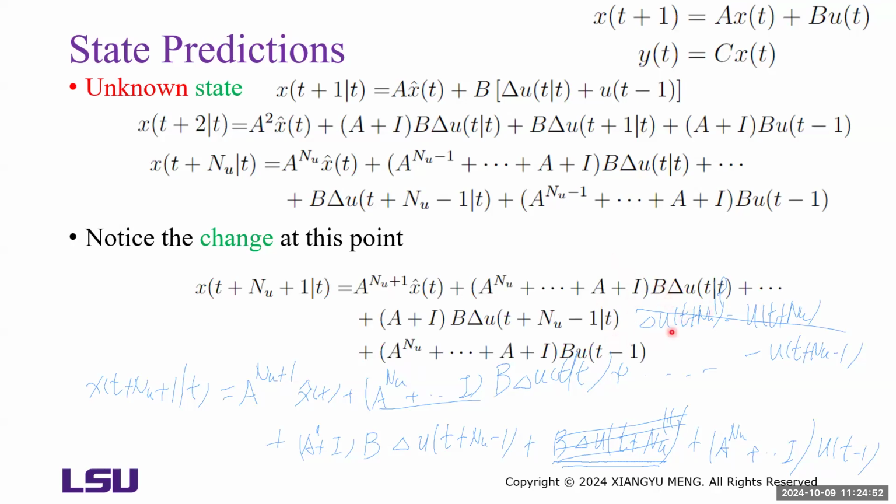Okay, we have this formula here. Then pay attention to the coefficient of a here. Because this is nu plus 1, here will be a power of 1. Now let's try to get the general case until x t plus n2.